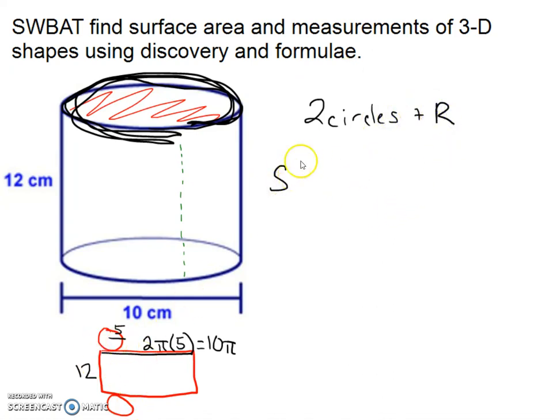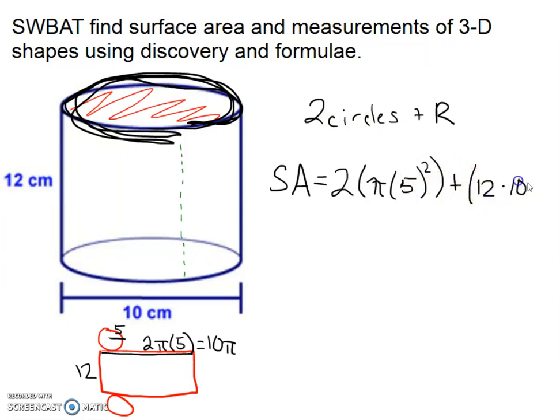Again, because our circles are the same, I'm combining them, otherwise I'd have to calculate them separately. So our surface area is 2 times the area of each of those circles, so pi times 5 squared, plus the area of the rectangle, which would be 12 times 10 pi.